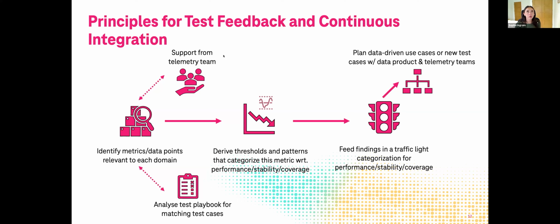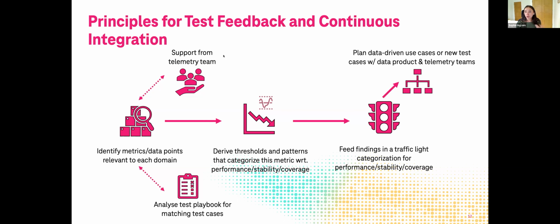Because what we want to do is, telemetry is one thing, but also we need to make sure that our testing that we're doing could also help us determine the health of our CPE. Then, like I said, we derive these thresholds and patterns that characterize the metrics. That could be with regards to performance, stability, coverage, etc. And then we feed our findings into a traffic light categorization, exactly like I mentioned earlier.